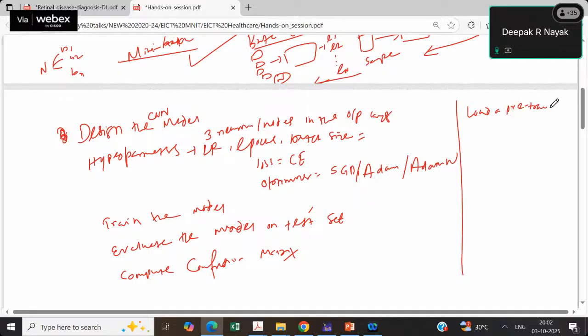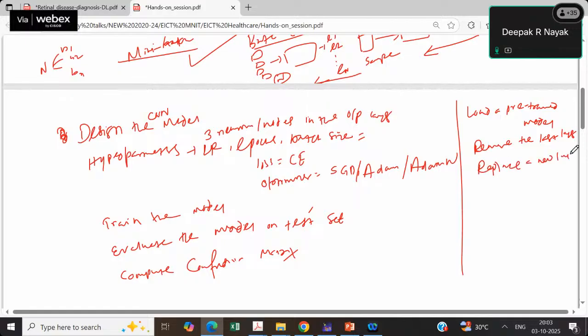I'll show you the code also. Load a pre-trained model, and then we need to remove the last layer. Why? Because the last layer usually contains 1,000 nodes, as it was trained on the ImageNet dataset.